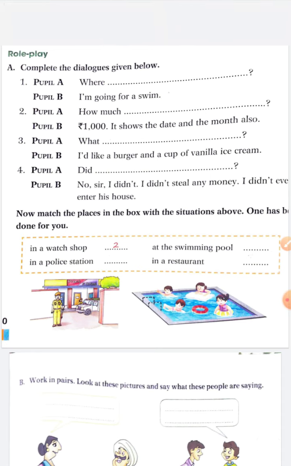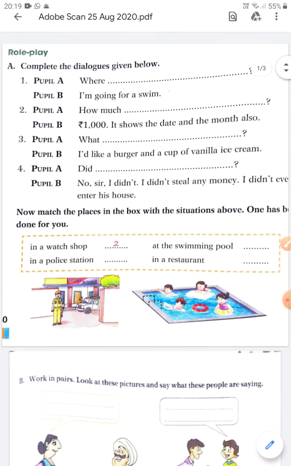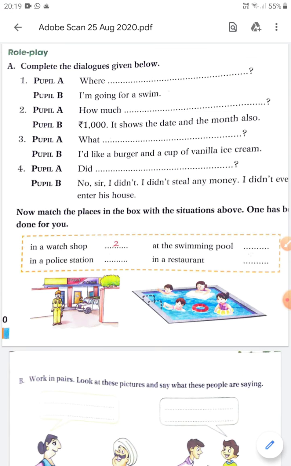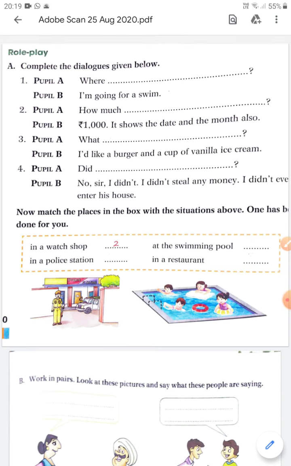Pupil B is saying, no, sir, I didn't. I didn't steal any money. I didn't even enter his house. So, pupil A, what do you think pupil A must be saying? Did you steal his money? So, if somebody asks you, did you do this?